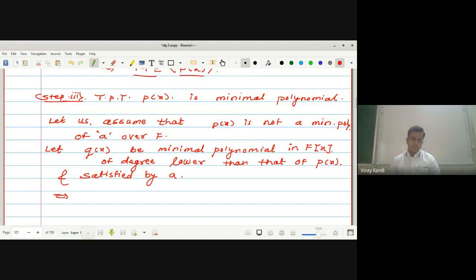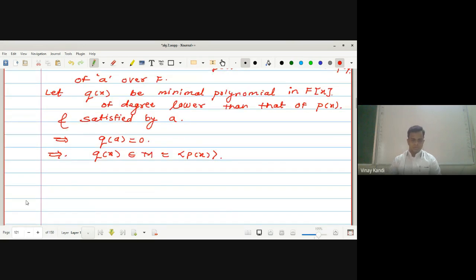Okay, so this implies Q of a is equal to 0. So this implies Q of x, by the definition of M, belongs to M, which is generated by P of x. Any doubt? No, sir.